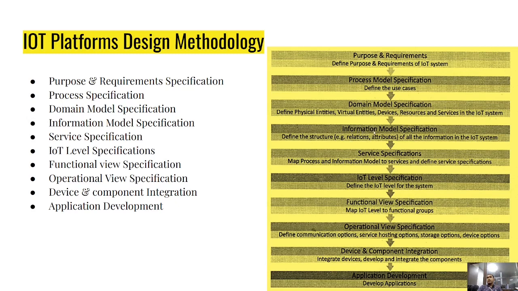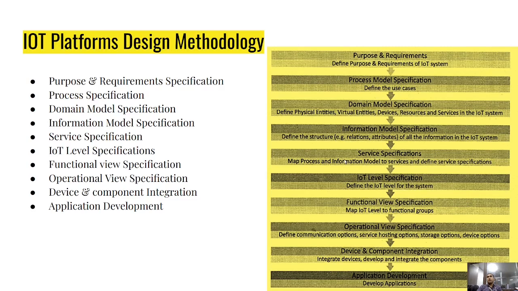Then we have the information model specification, where we define the structure, basically the relations and attributes of all the information in the IoT system. Similarly, we have service specification, where we map the process and the information models, and we define the service specifications.